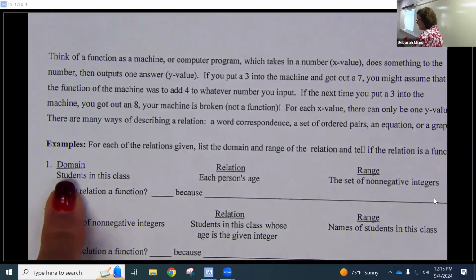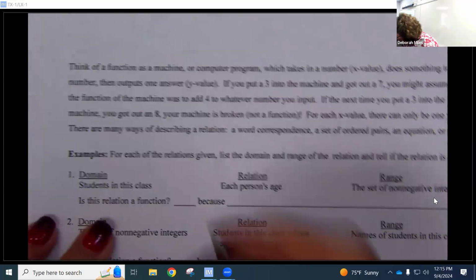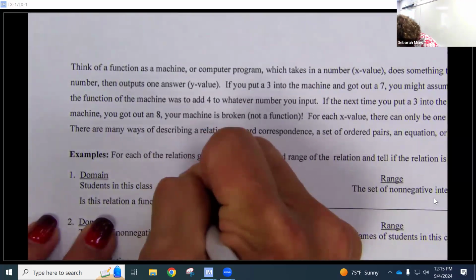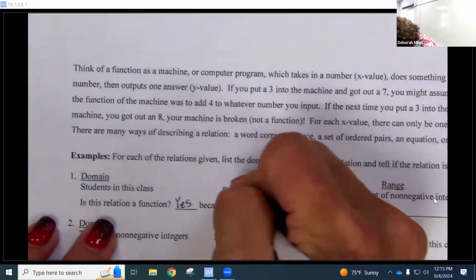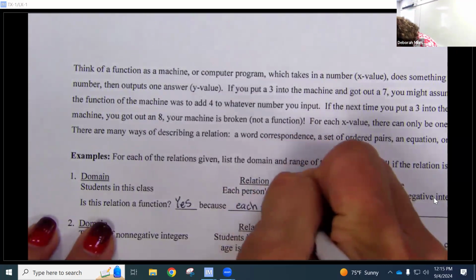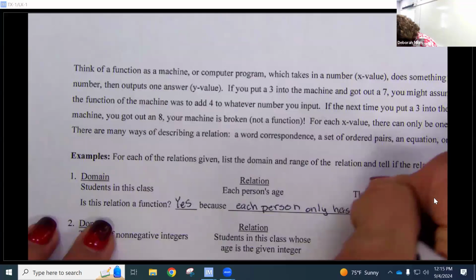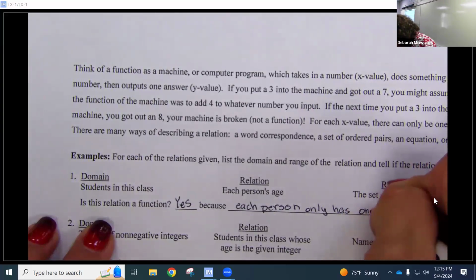No matter whose name I pull out of the hat, how many different ages could that person be? Just one. So that is a function because each person only has one age.